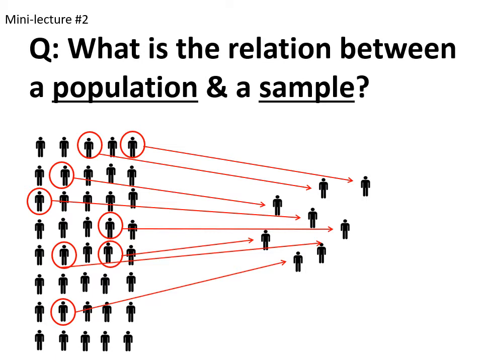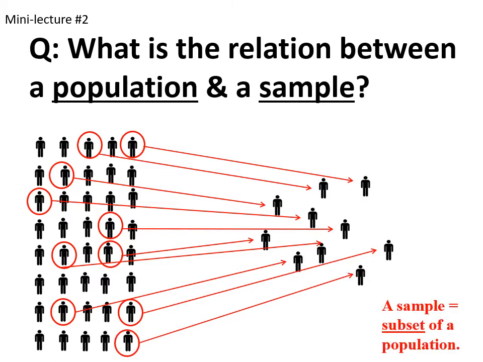Because 8 goes into 40 five times, 1/5 is equal to 20%. So that's a sample of 20% of the population. Here's a sample with 9, with 10. The point here is that a sample is just a subset of a population.